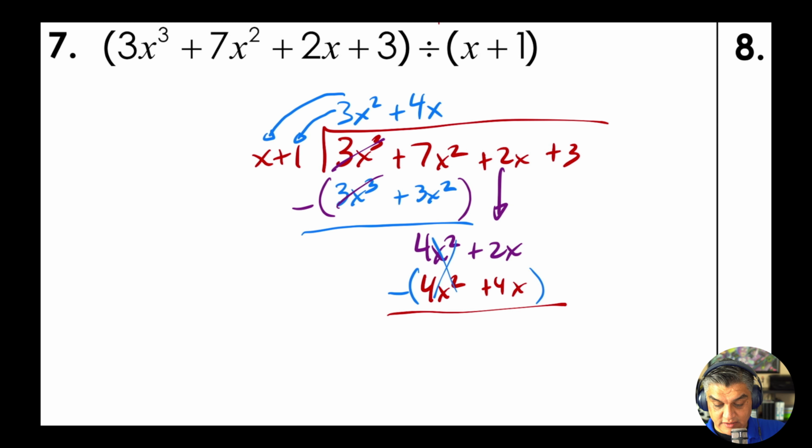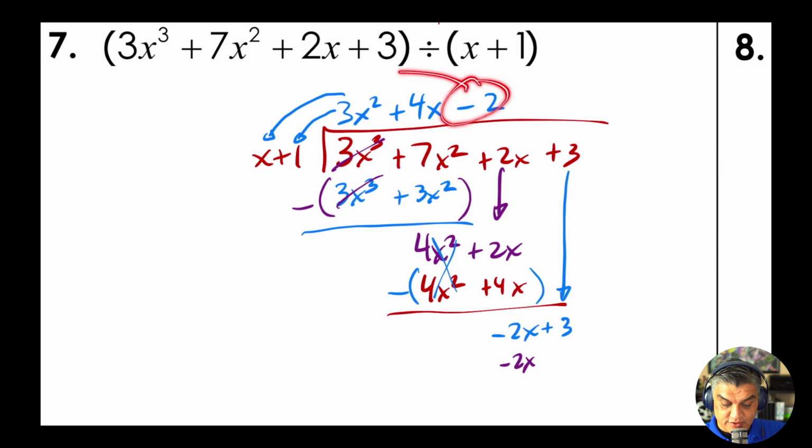And then 2x minus positive 4x will give me negative 2x. Then I bring down the 3, positive 3. And so I ask myself, what do I have to multiply x by to get negative 2x? Well, I already have an x. All I need is negative 2. And so negative 2 times x is exactly what I want, negative 2x.